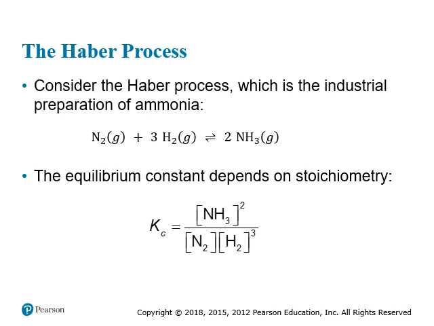In the denominator of this ratio, we see nitrogen and hydrogen raised to their stoichiometric coefficients, since nitrogen is only present in 1 molar amounts and hydrogen in 3 molar amounts. Then we would see our hydrogen cubed or raised to the third power.